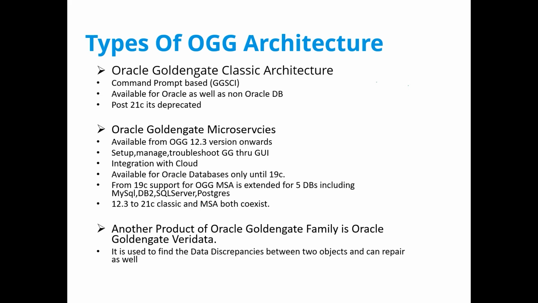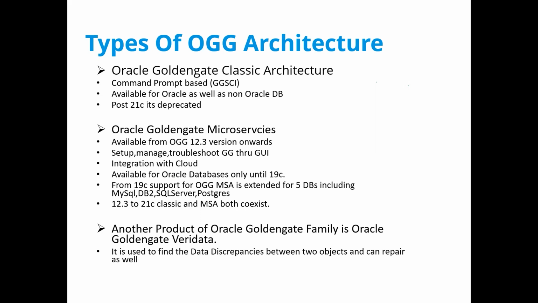Okay. Now, remember one thing, 21c is the last version where classic architecture is available. Post 21c, classic architecture has been deprecated. Okay. For some of you, this may be news as well.